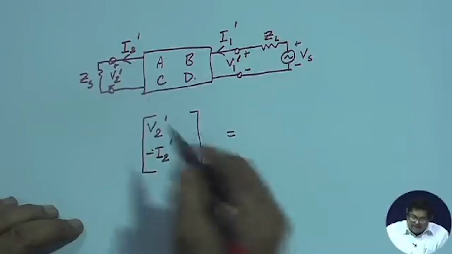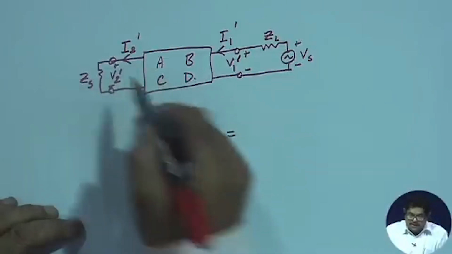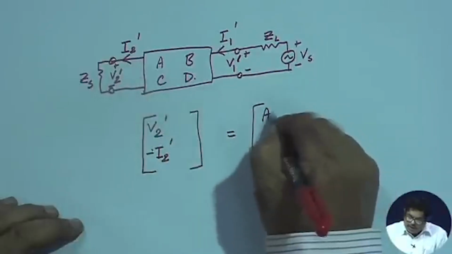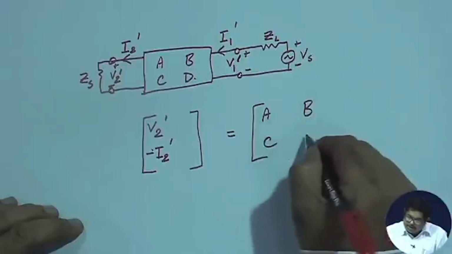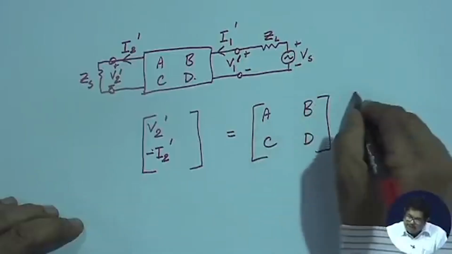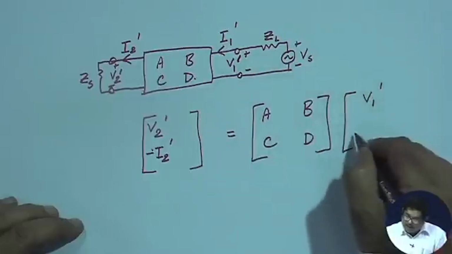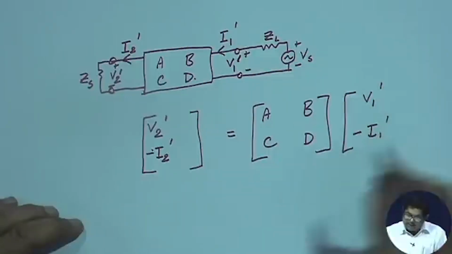So, minus I2 dashed, because the direction has changed, last time it was oppositely directed, is equal to A, B, C, D times V1 dashed and again minus I1 dashed.